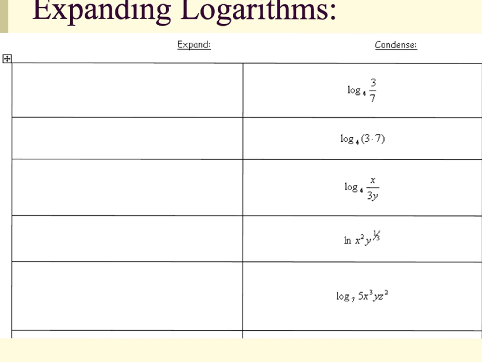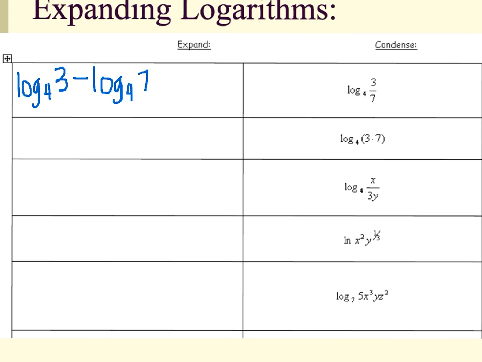So flip. This isn't a frame, we're just going to get some practice, so I highly suggest pause the video and try these right now. Pause them and try them, and then you can see if you get them correct. So this is a division sign. Division tells us we change it to subtraction. So you should have log base 4 of 3 minus log base 4 of 7.